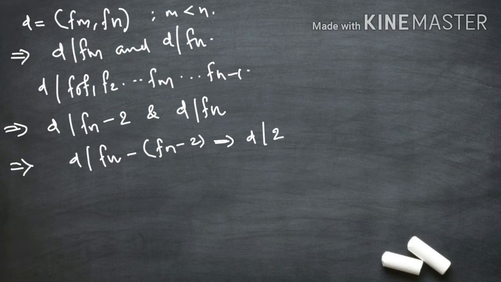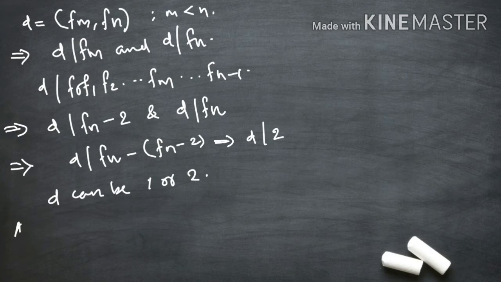D divides 2 means d is a divisor of 2, and the only possible divisors of 2 are 1 or 2. So d must be 1 or 2. And what happens if d is equal to 2?